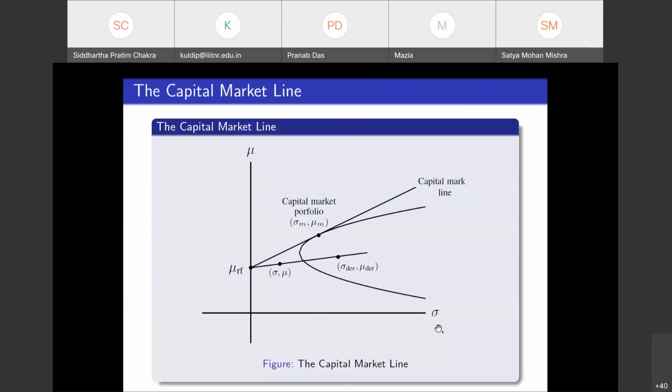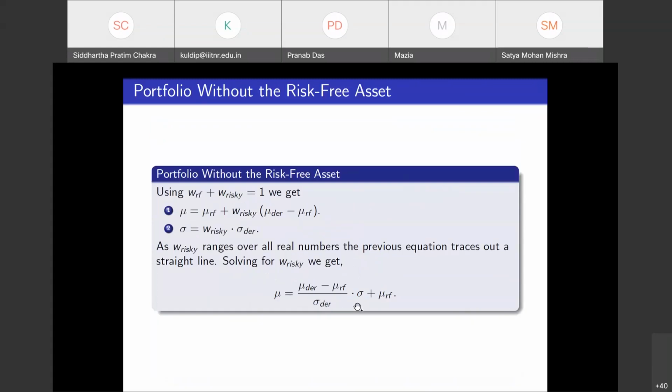So that means this mu sigma and mu dir and sigma dir is going to be a straight line. Now this is one mu sigma and the corresponding sigma dir mu dir. There is going to be another one, and remember that if your sigma is equal to 0, then mu will be equal to mu RF.